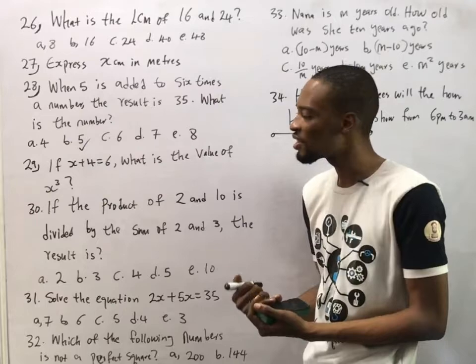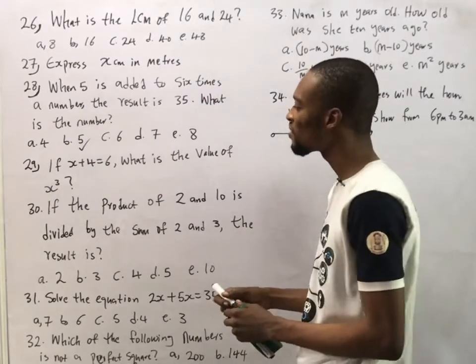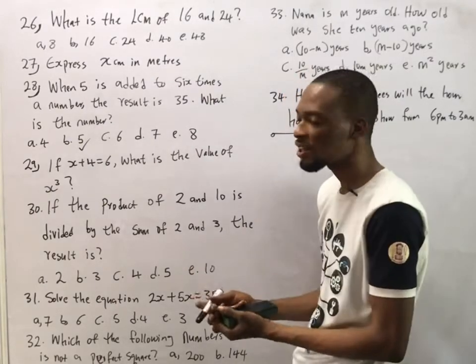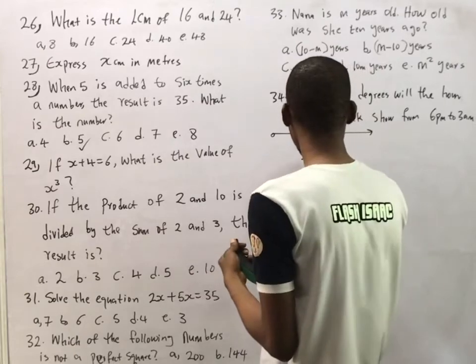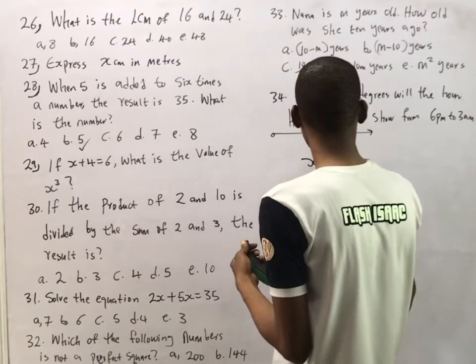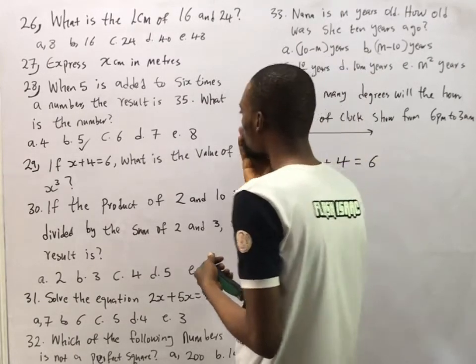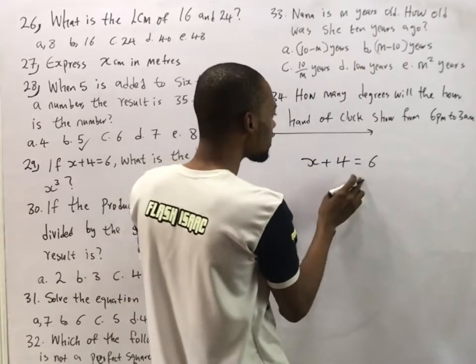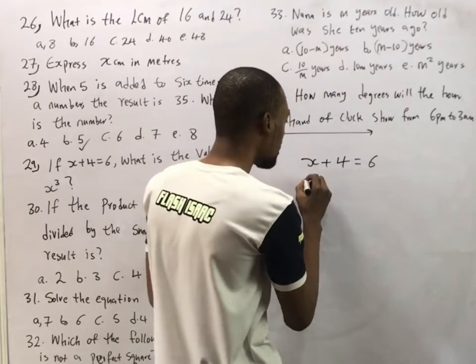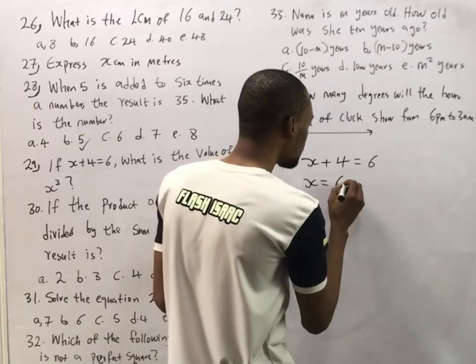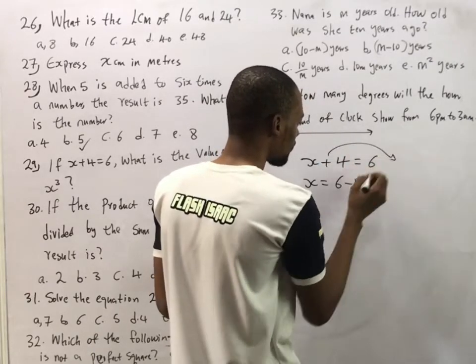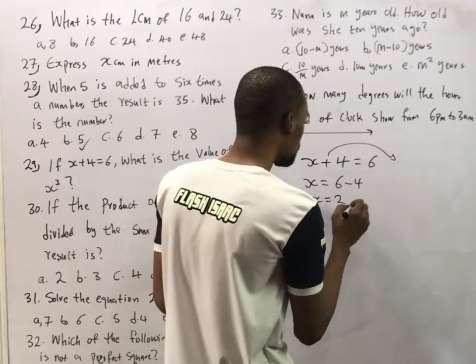If s plus 4 is equal to 6, what is the value of s raised to the power of 3? So it says s plus 4 is equal to 6. If s plus 4 is 6, collecting like terms, s is simply 6 minus 4. S is simply 2.